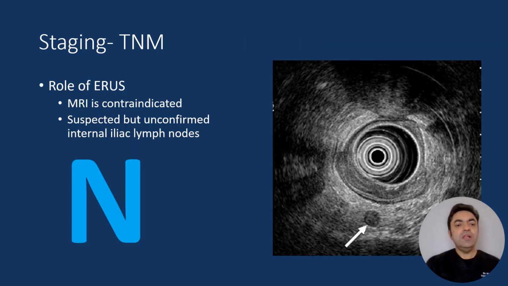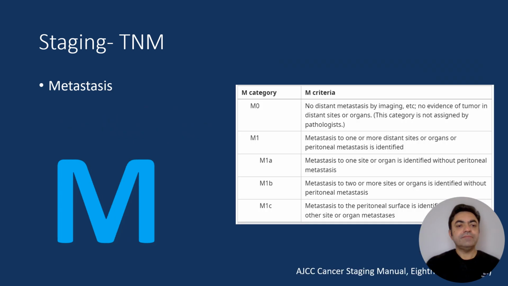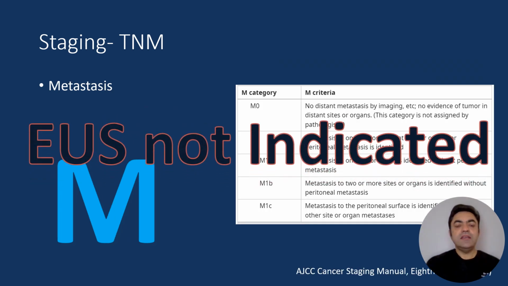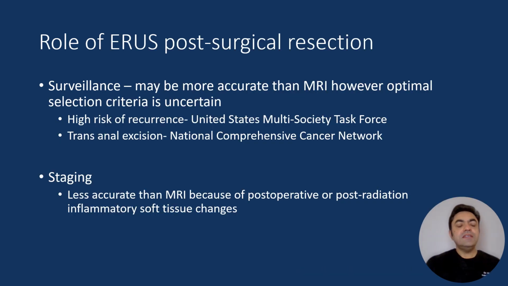EUS may have a role in patients who have got a contraindication to MRI scan or have suspected but unconfirmed internal iliac lymph nodes. Again, if metastases are identified, then EUS is not indicated for further staging. There seems to be an interesting role of ERUS in surveillance of patients post-resection, but the optimal selection criteria is still uncertain.